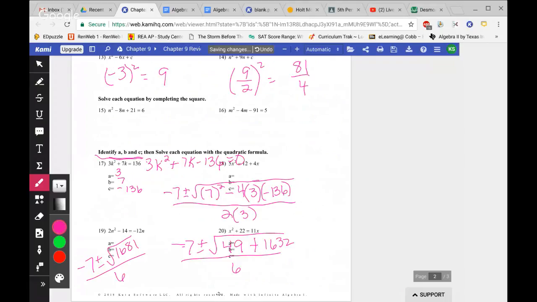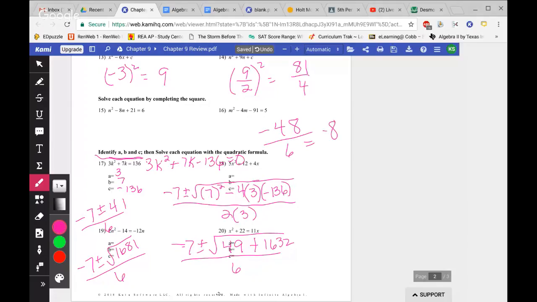First thing I always do, Devin, especially when it's really big like that, is check to see if it's a perfect square. Oh, and it is. The square root of 1681 is 41. So -7 plus or minus 41 over 6. So now I've got -7 minus 41, which is -48, all over 6, which reduces to -8.